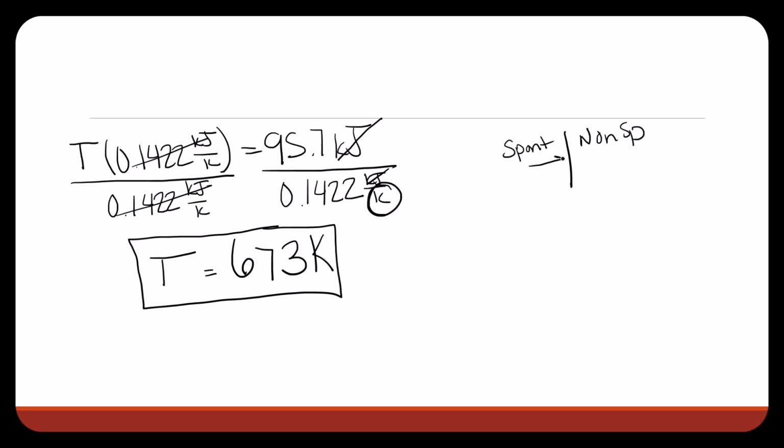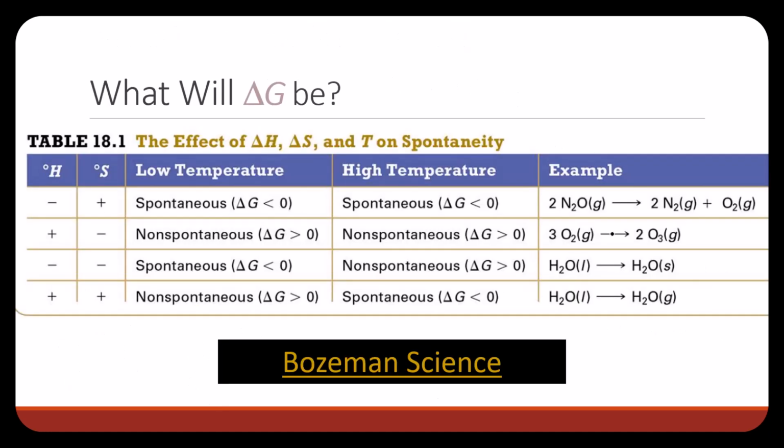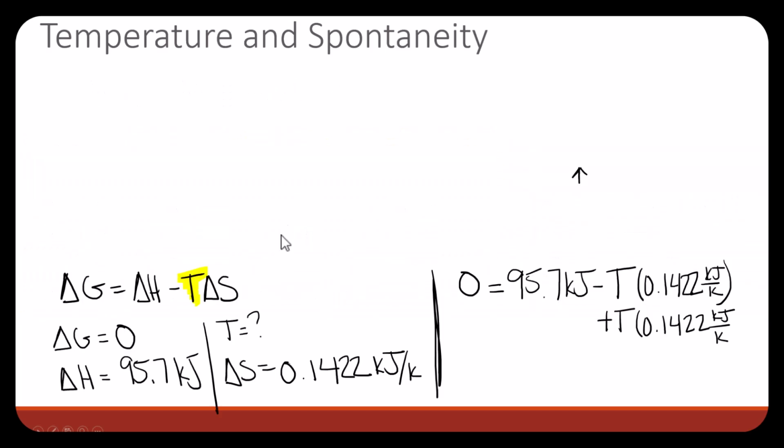So this is negative, this is positive, and we determined right here, this line happens at 673 Kelvin. The problem wants us to determine at what temperature this becomes spontaneous. So now we have to tell the viewer, is it above that temperature? Is it below that temperature? Going back to our table, we are in this positive scenario.